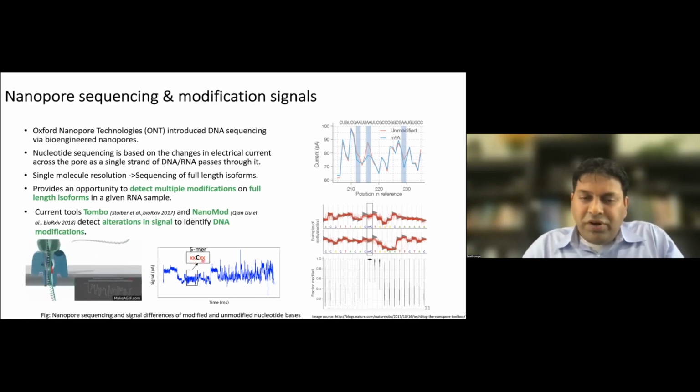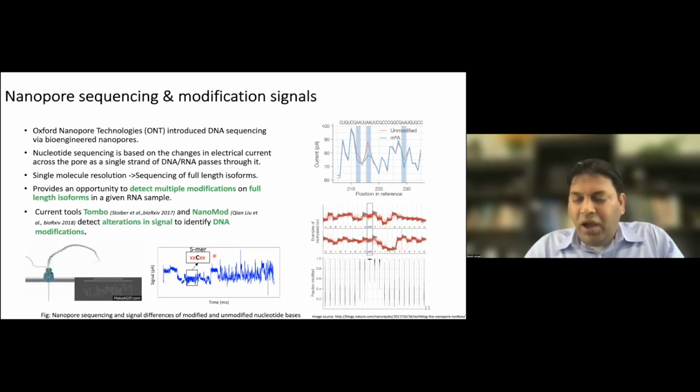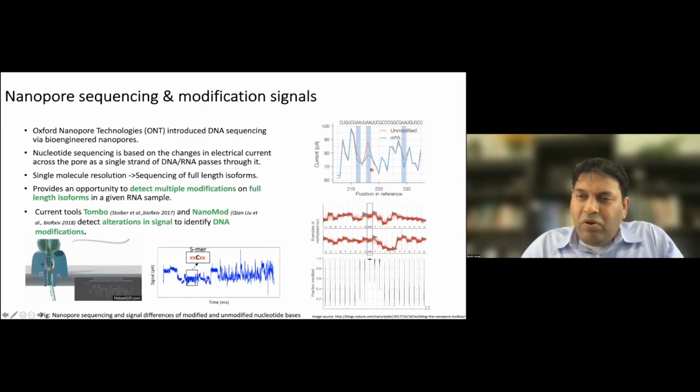Our goal is to generate a 256 k-mer set where the middle base is fixed and a corresponding modified nucleotide signature is also generated for current, and then use it for machine learning and AI techniques. On the top right, you can see an example of current versus position for one particular molecule. This was from Oxford Nanopore Technologies, one of their first studies for direct RNA sequencing.